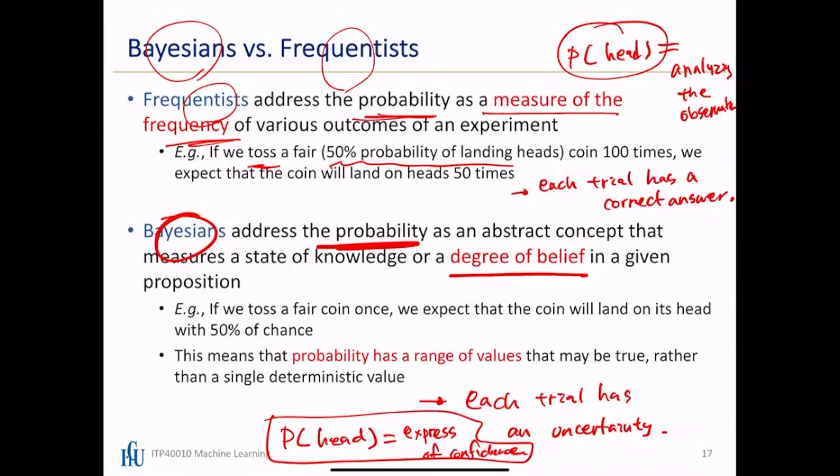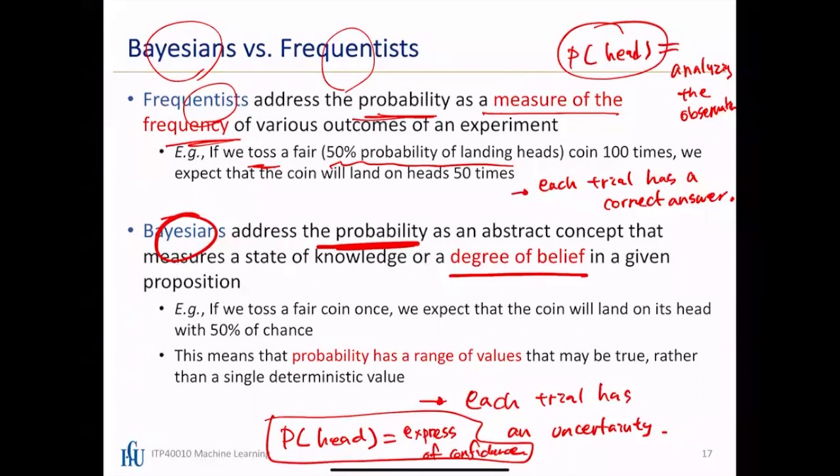Suppose that I have a coin and I tossed it and I got it in my palm and I haven't opened my palm yet. So I don't know whether it is head or tail. Given that, Bayesian thinks that there is a 50% chance that I see head. That's what Bayesians think. Frequentist says things in a different way. There is a correct answer, I simply don't know that. So there is no such thing as 50% chance.